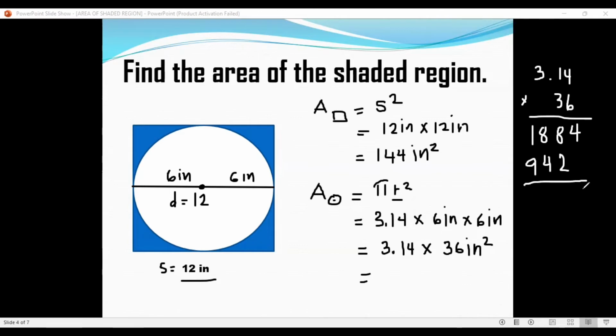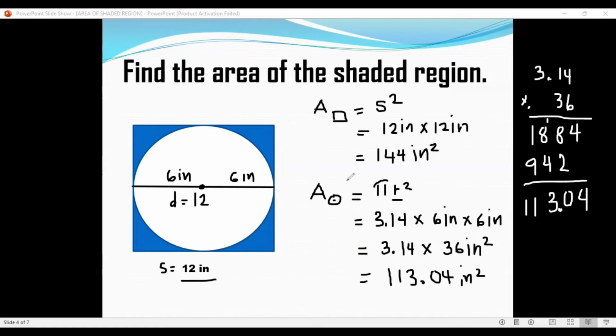That will give us 113 as the digits. There are two decimal places, so our answer should be 113.04 inches square, or square inches.